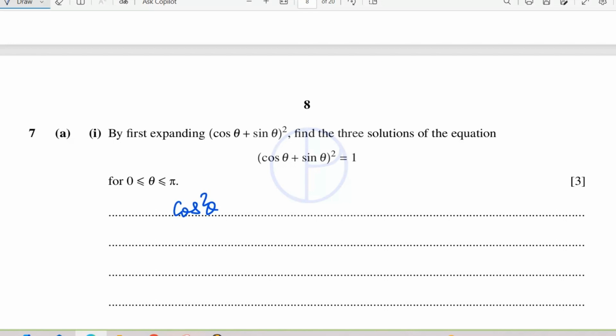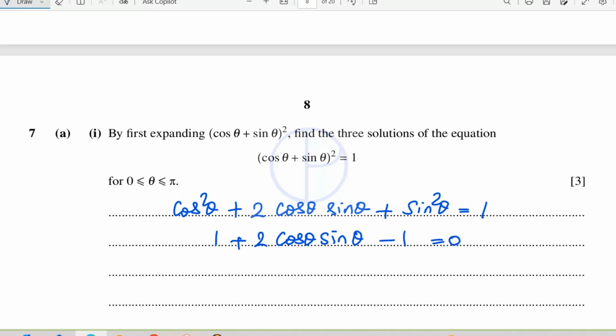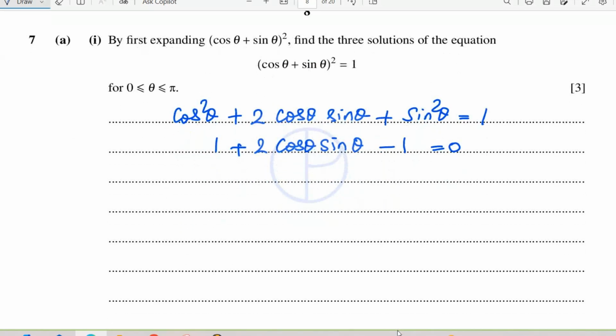So cos square theta plus 2 cos theta sin theta plus sin square theta equal to 1. We know cos square theta plus sin square theta is 1. So 1 plus 2 cos theta sin theta minus 1 equal to 0. We can write this as 2 cos theta sin theta equal to 0.